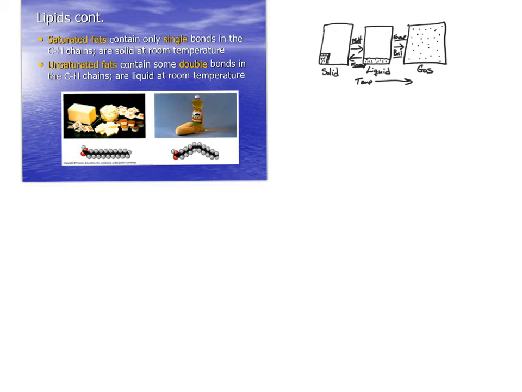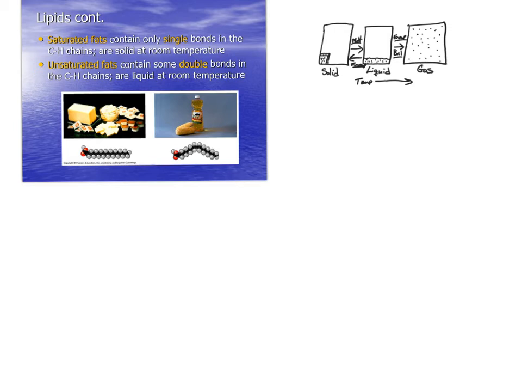But almost anything, you can have solid iron, liquid iron, gaseous iron. Definitely all the elements, and almost all the compounds, can be solid, liquid, or gas under the right conditions.